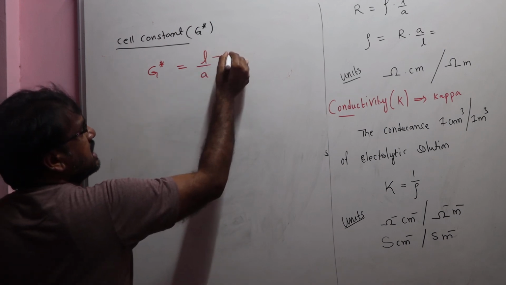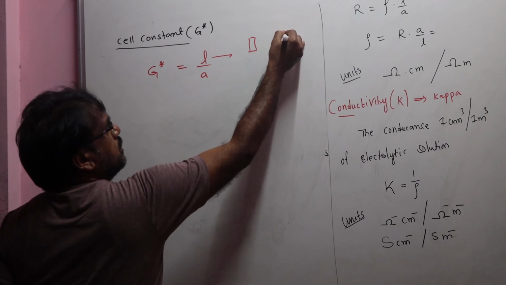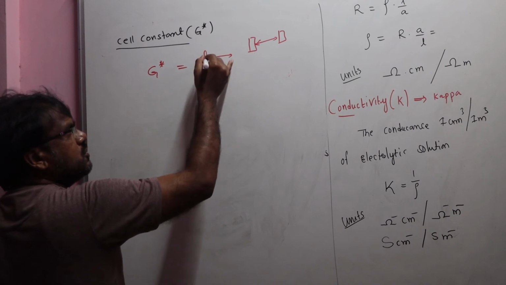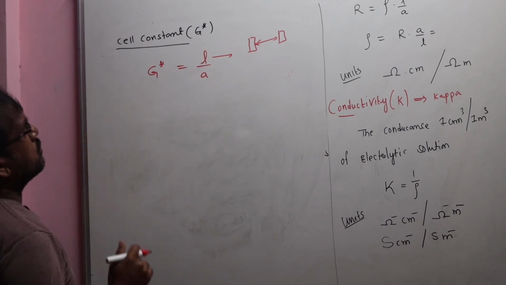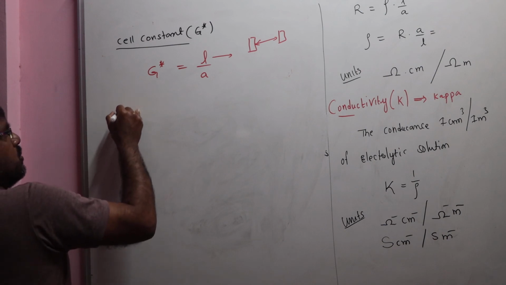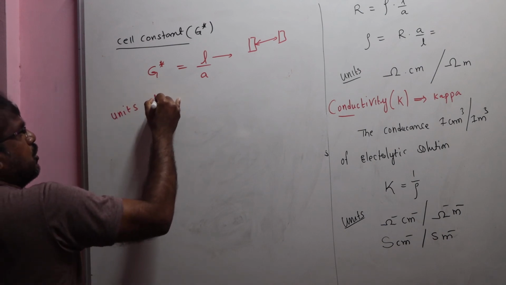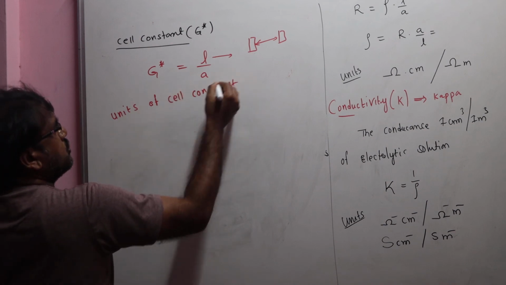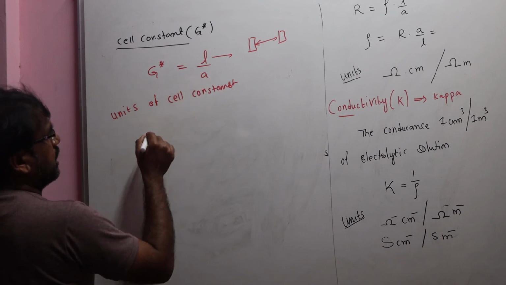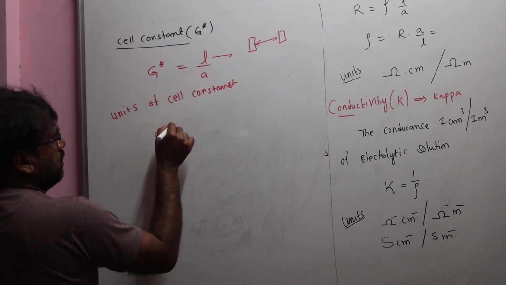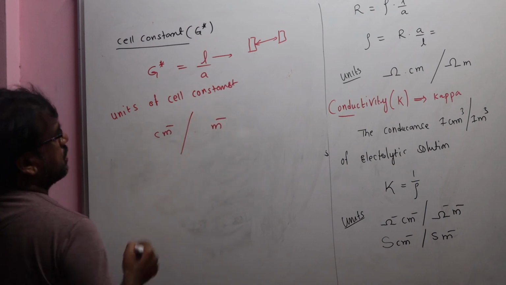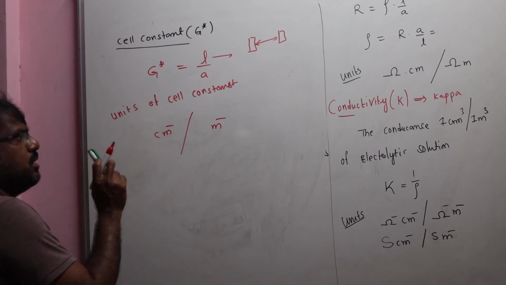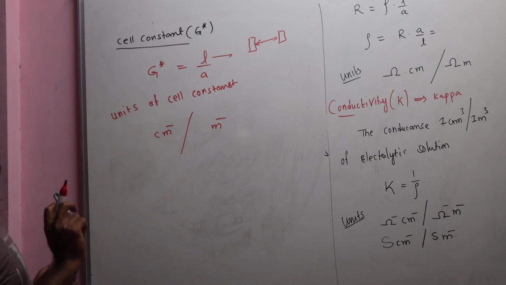L indicates the distance between the electrodes, and A indicates the area of cross section of electrodes. And what are the units of cell constant? Actually length inverse, so centimeter inverse and meter inverse are the units of cell constant.